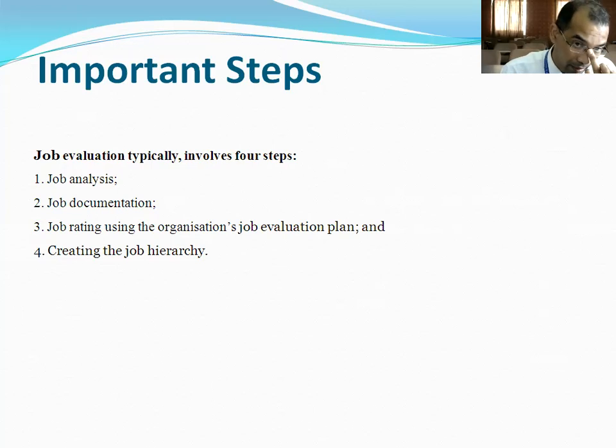Job rating using the organization's job evaluation plan. It means how much you are going to be paid, on the basis of the organization's plan, budget, schemes, targets, or aim. That cost will be decided in advance.